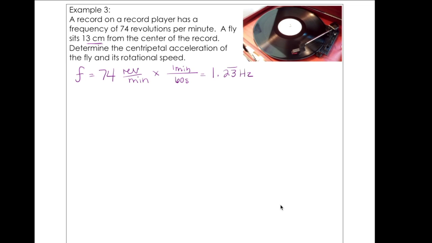A fly sits 13 centimeters from the center of the record. So it did give it to us in centimeters. We want it in meters. So my radius will be 0.13 meters because there's 100 centimeters in 1 meter. Okay, and so it wants us to determine the centripetal acceleration and its rotational speed.